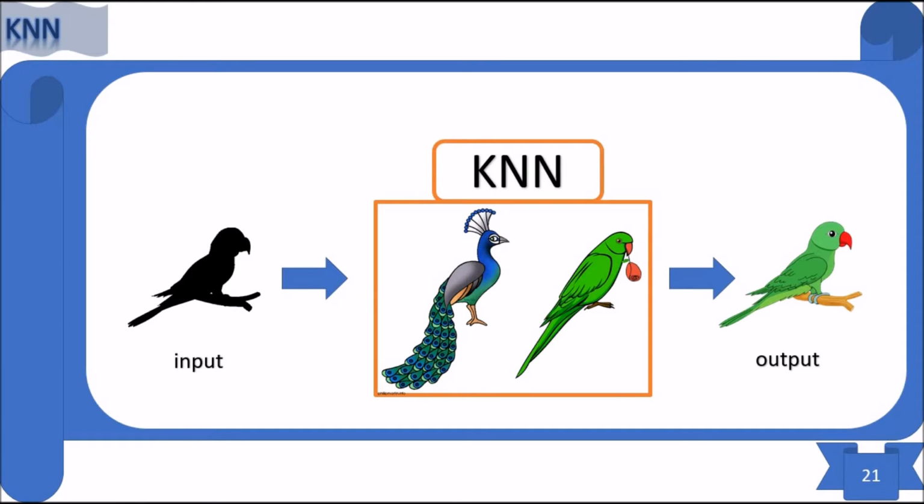So our KNN model will find the similar features of the new dataset to the peacock and parrot images, and based on the most similar features it will put it into either the parrot category or the peacock category. Here the input is this image, it compares the result and it will put it into the parrot category and shows you an output.